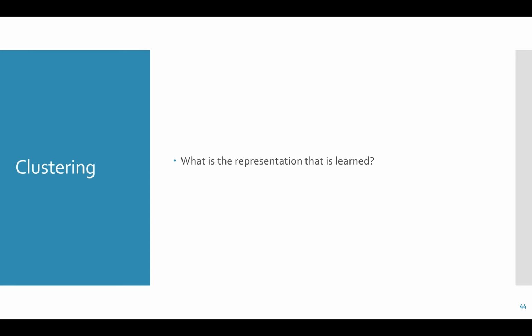Okay, so we've talked about clustering in this video, but why are we talking about clustering in a representation learning class? What is the representation that is learned? It's the clusters or the centers. If you want to organize your data in some way, you can use a clustering algorithm to suss out some information that you might not have about it, right?